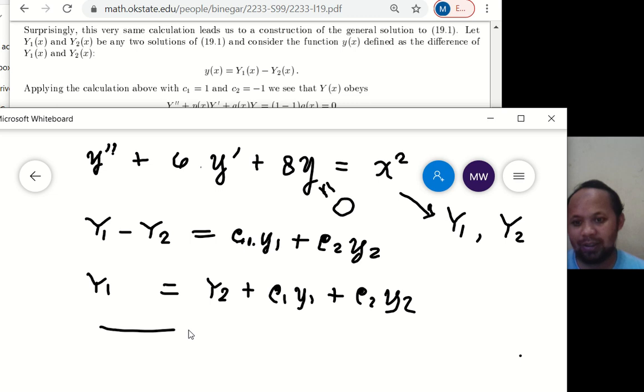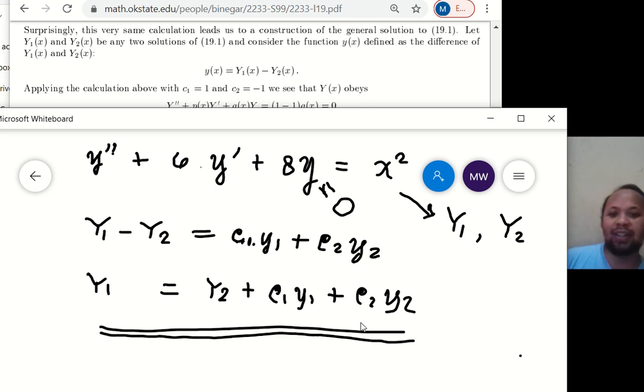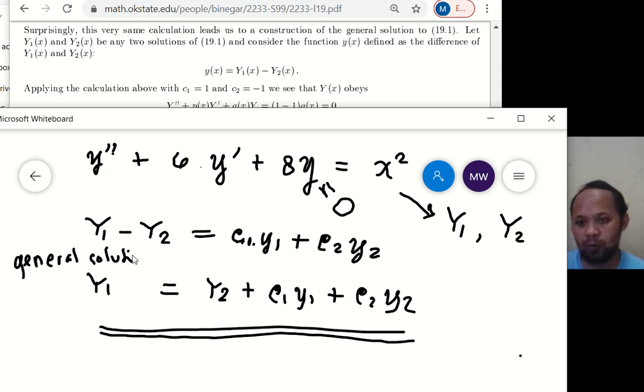Okay. So this final formula tells us that this is the generic solution, or general solution, for the non-homogeneous equation. The general solution for the non-homogeneous equation can be stated in this formula. It comprises two components.